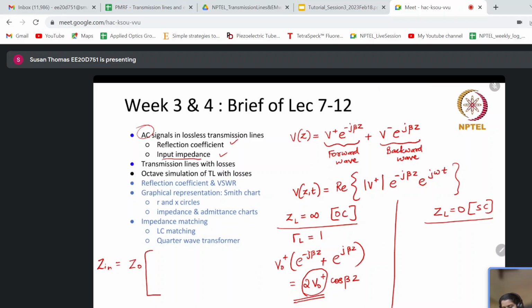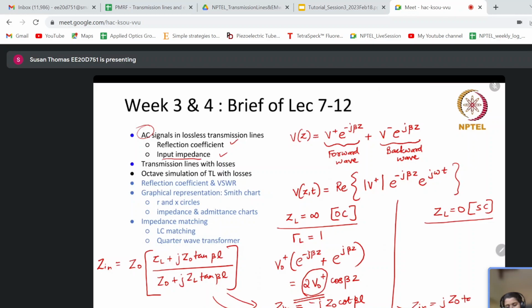The general expression for Zin is Z0 into ZL plus jZ0 tan beta L divided by Z0 plus jZL tan beta L. So whenever ZL is infinity, this reduces to Zin equal to minus jZ0 cot beta L, and whenever ZL equal to 0, this reduces to Zin equal to jZ0 tan beta L. So these two relations are very important. This will be helpful in solving the sample problems.